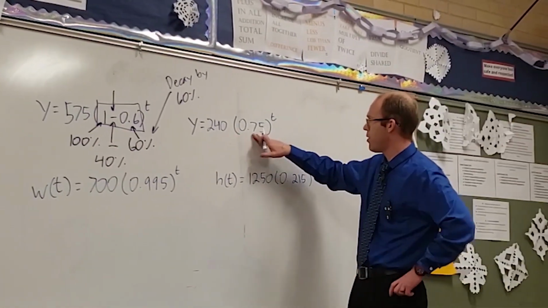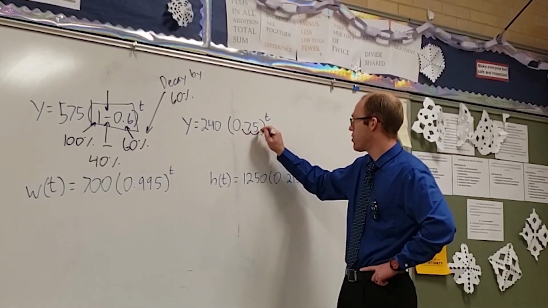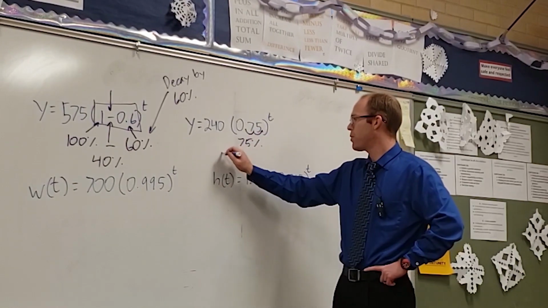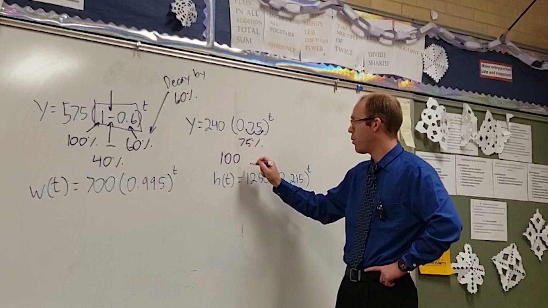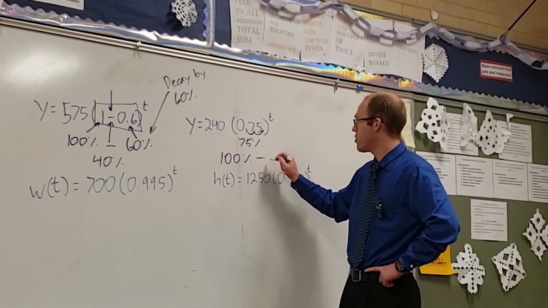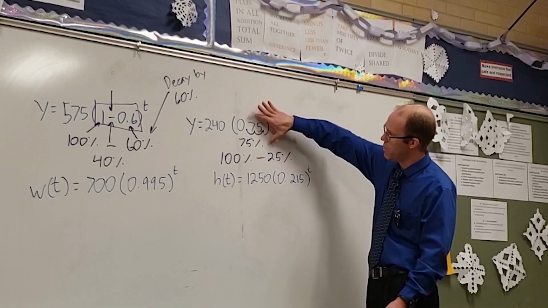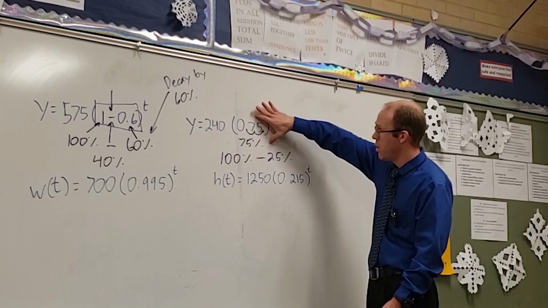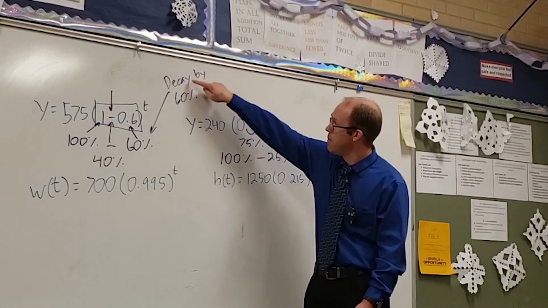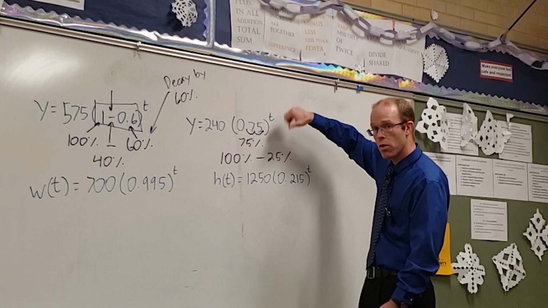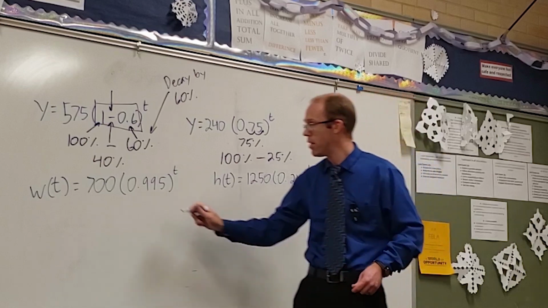All right, let's do the rest. This one has gone down. That written in percent form represents 75%. To get 75%, we would take our original 100% and we would subtract 25%. That leaves us with 75% left over. So this would be a decay by how much? We went down by 25%. So decay by 25%.